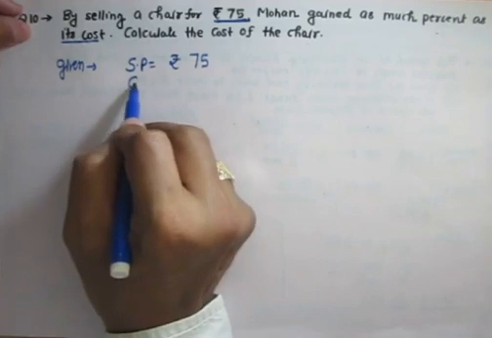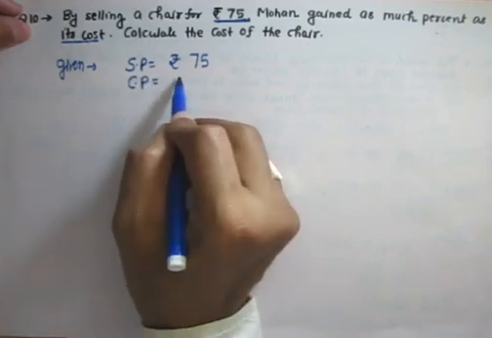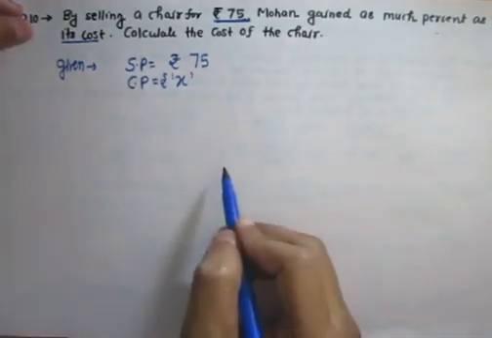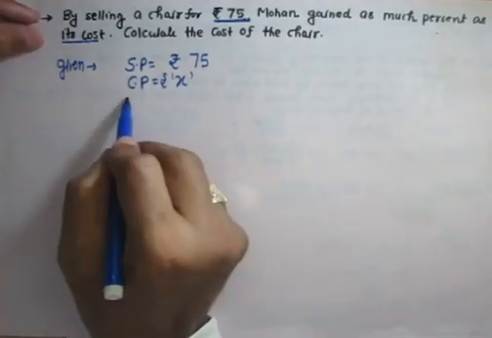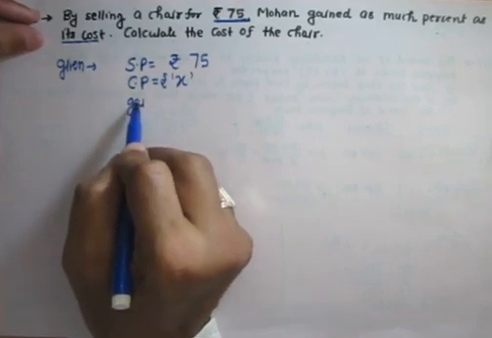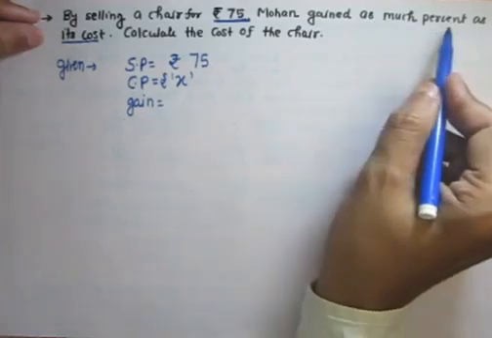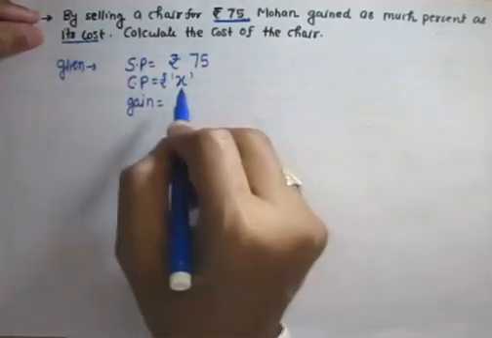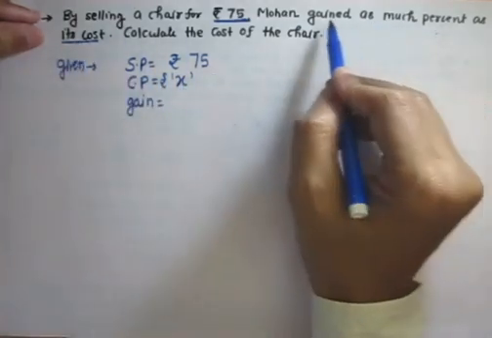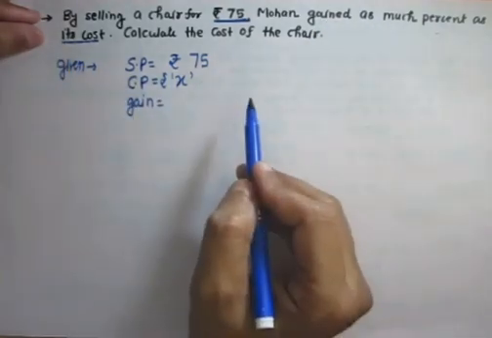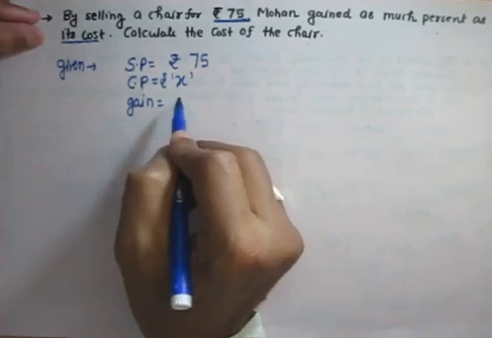Now cost price is not given, so let the cost price be rupees X. And it is given that he gained as much percentage as its cost. So gain is also X%, because in the question it is given that Mohan gained as much percent as its cost. Clear? So of course gain percentage is X%.